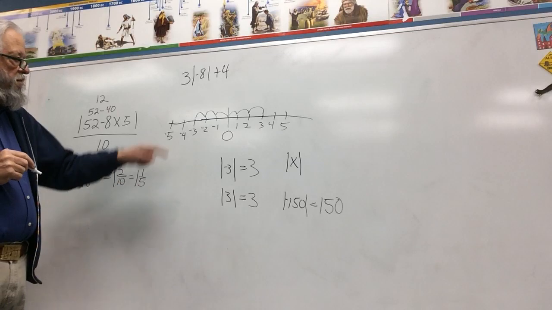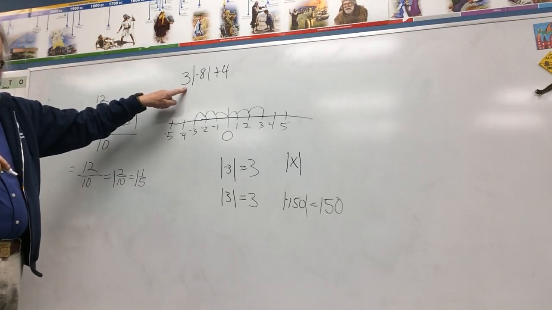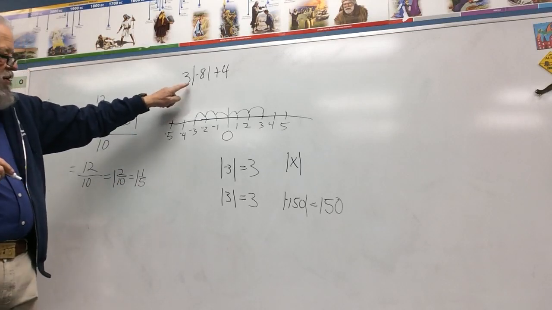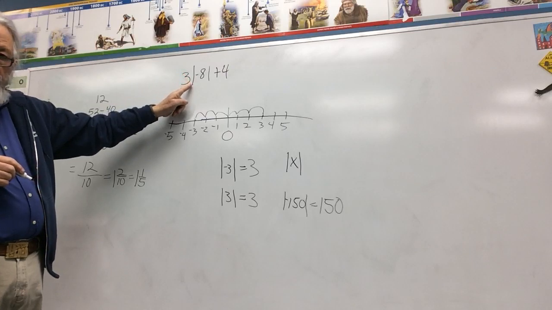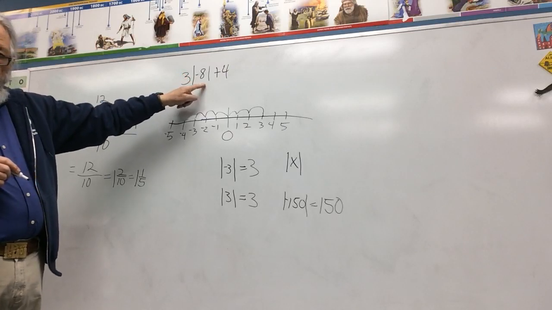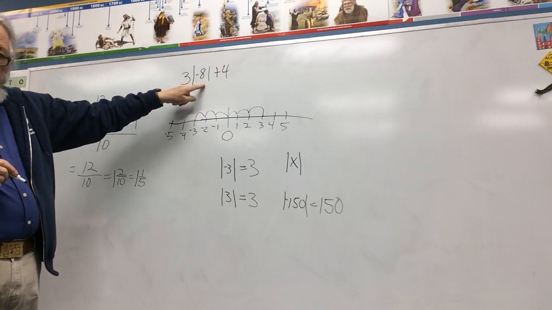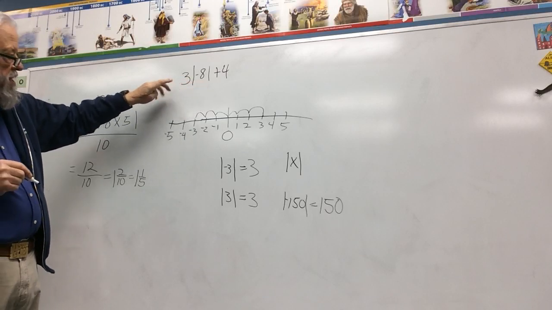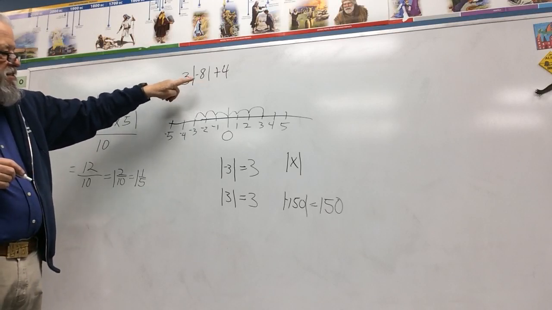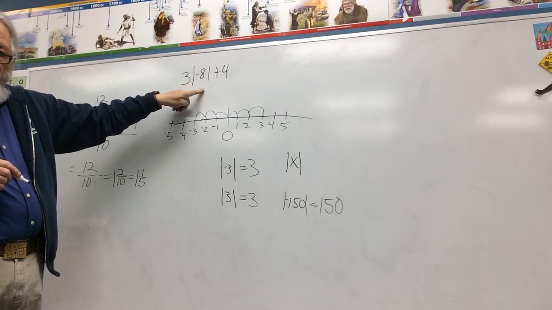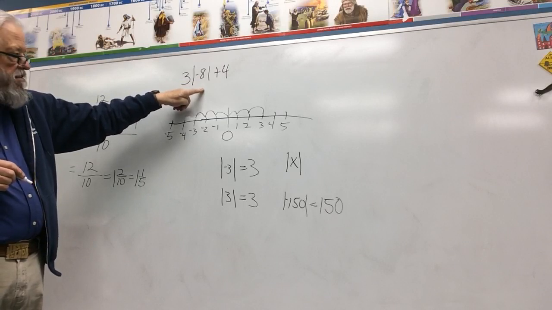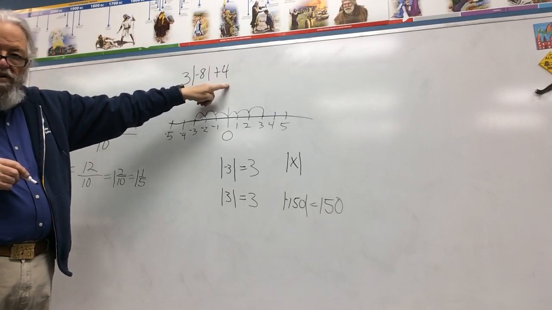Okay? Remember what this means. When you've got a number and you've got no sign, and then another number, that means multiply. So what this really means is 3 times the absolute value of -8 plus 4.